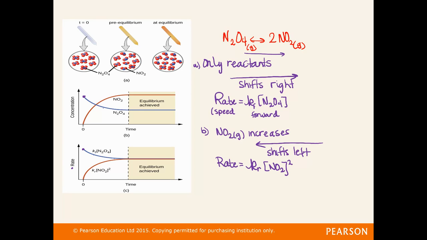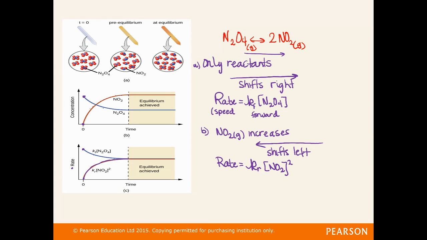But that's not so important at the moment. The idea, though, is to understand that NO2 starts off at 0 because it wasn't there. We only had reactants at first. And then as the reaction proceeds, more of it is formed. So NO2 increases, but some goes back to form reactants. And so here, Kr times NO2 squared, this is the rate. The rate increases, gets faster going backwards.